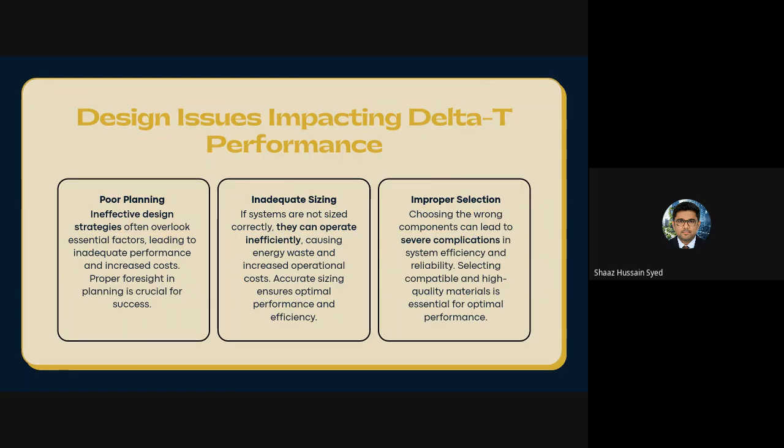Okay, let's explore the design issues that we have. Usually during the design stage, if the coils for the units are over designed, the coil is big and the water is less. So the heat absorption through the coil will not happen efficiently, and your delta T drops.